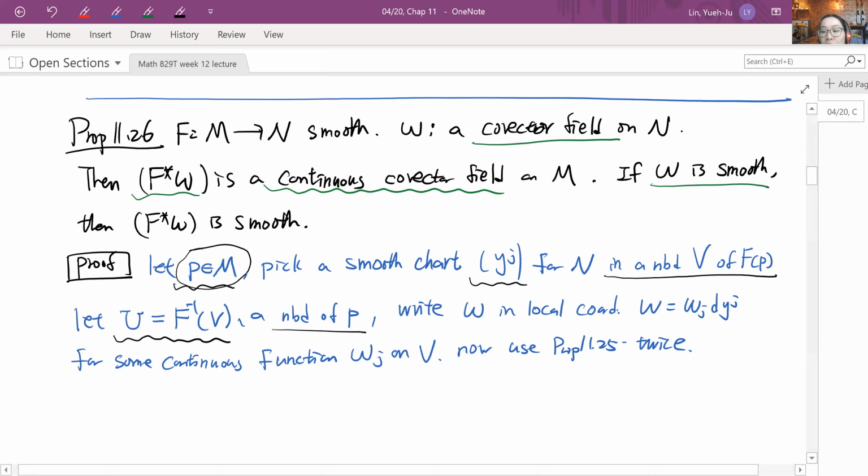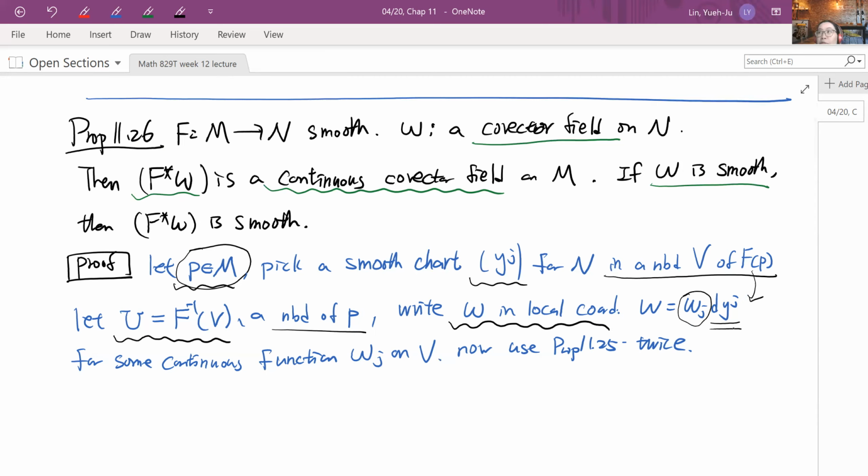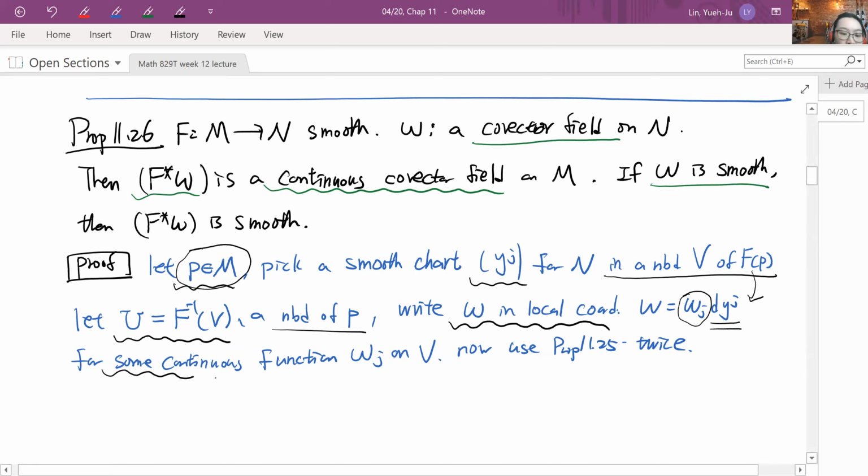Then in this neighborhood, I can write W in the local coordinate. As I said, it will be some component function Wj times the basis of my covector field. This is very similar to what you saw in vector fields. But now because we're dealing with covectors, the basis becomes dyj, compared with the partial xj, for example, which is the basis for vector fields. This is the basis for the covector field. So you have this continuous component function Wj.